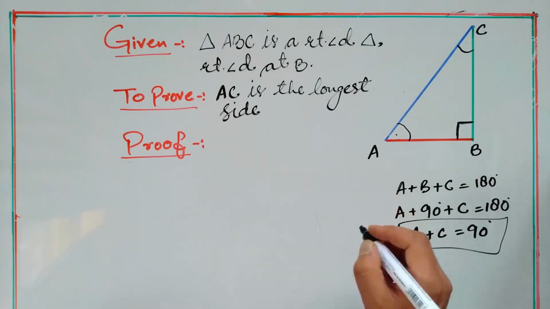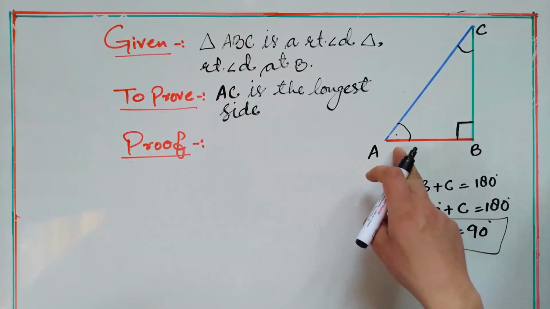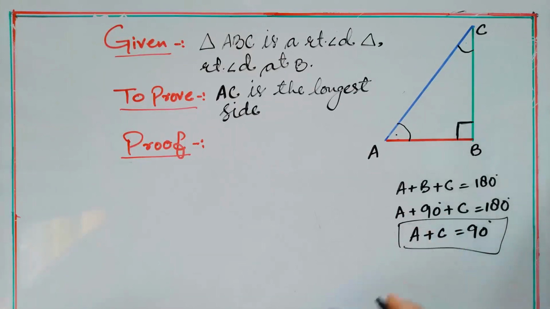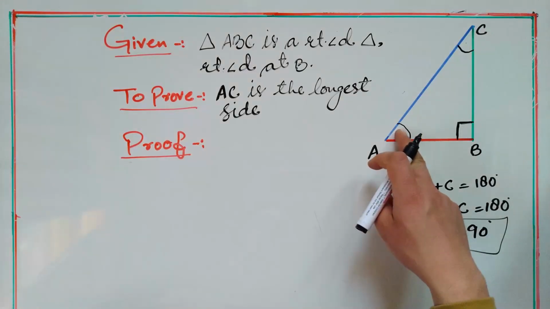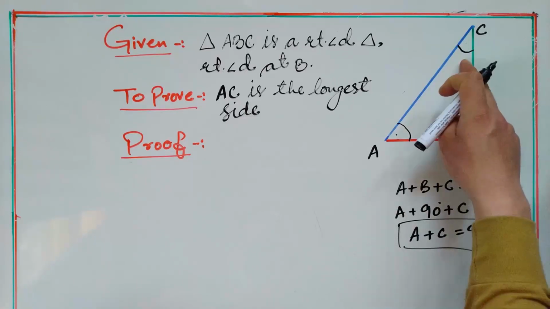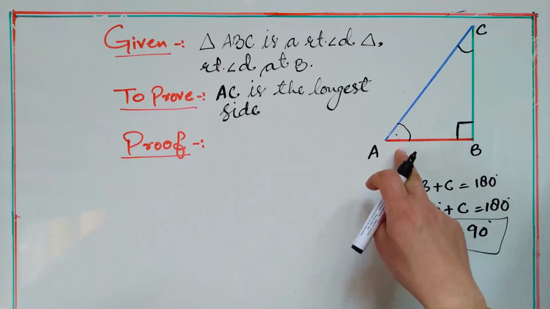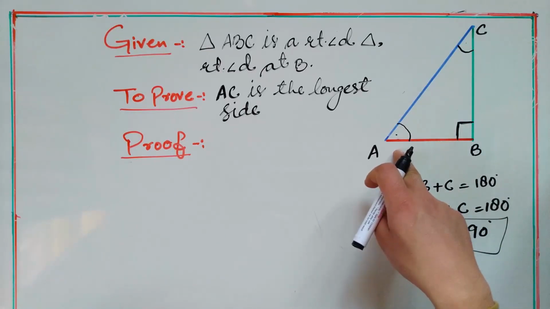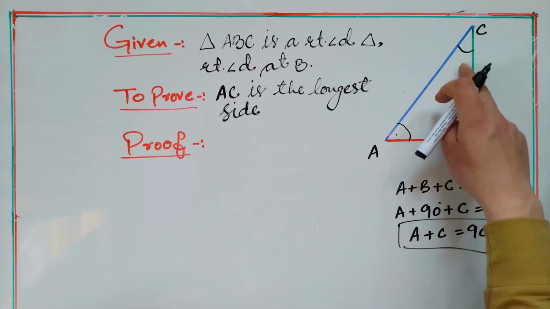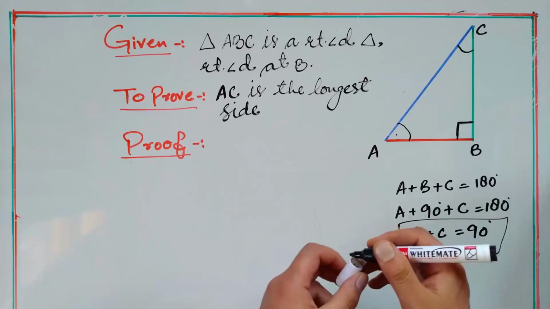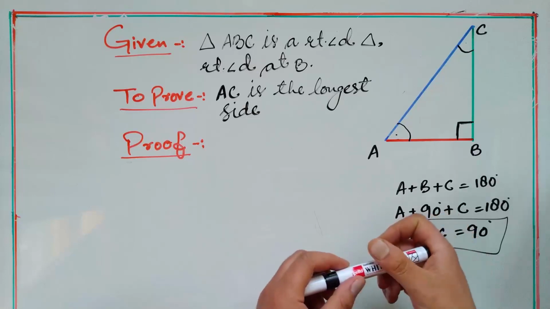That implies one more result: this angle A cannot be equal to 90 because their sum is 90. A cannot individually be equal to 90 degrees. So this cannot be 90, this cannot be 90. That means this A is less than 90, an acute angle, and this C is less than 90, an acute angle.